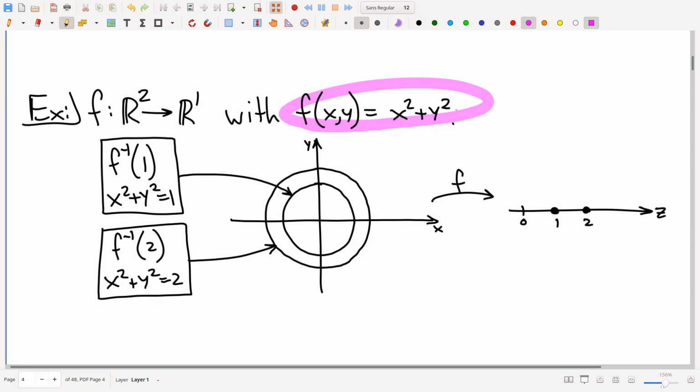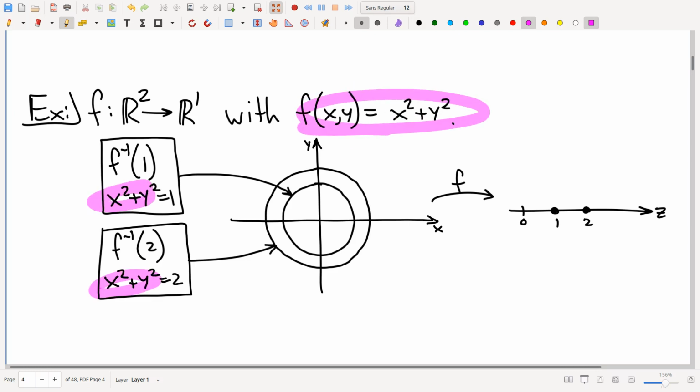Instead of setting this equal to a new variable, I'm going to take this function and one at a time set it equal to different output values that it might in fact be equal to. So if I were to set this equal to 1, you look at this equation, x squared plus y squared equals 1. Well, that's a circle. It's the unit circle in the xy plane, and I can draw a picture of that.